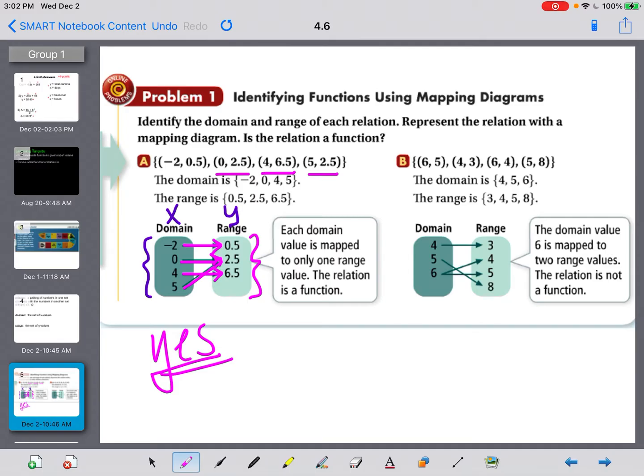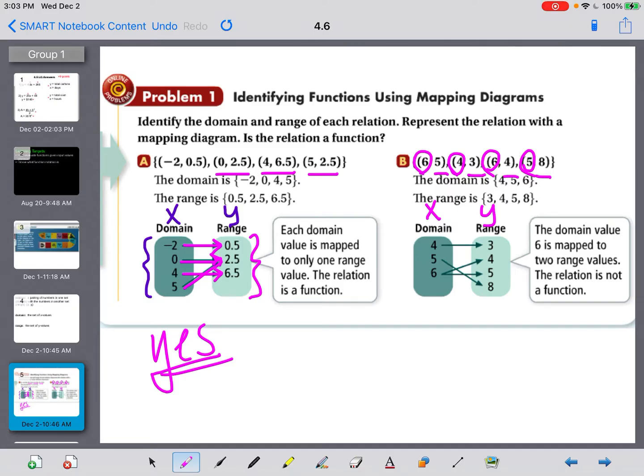All right, when we try B, we're going to list our domain and range. So 6, 4, 6, 5. You don't have to list any of them twice, so we're only going to list the 4, 5, and 6, because there were two 6s. The range has 5, 3, 4, 8. They put them all in numerical order, which is probably a good idea.